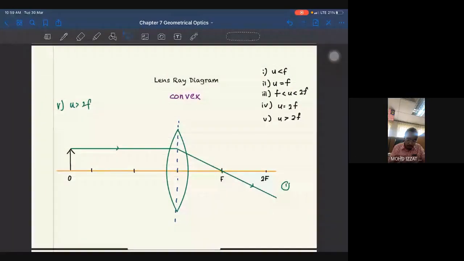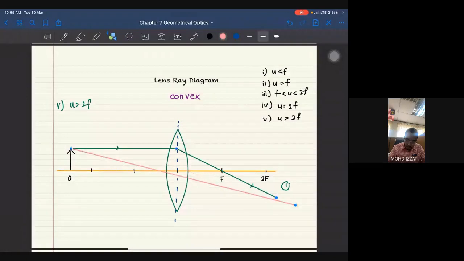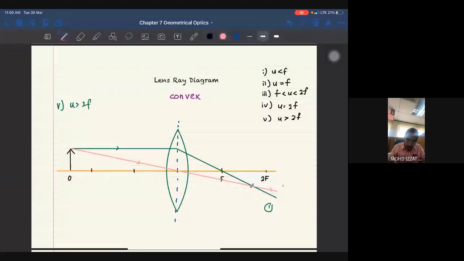So, draw that one. Ada center and terus ke ujung. Again, kena ada dua arrow. Arrow 1, arrow 2. So this is our third ray ni.